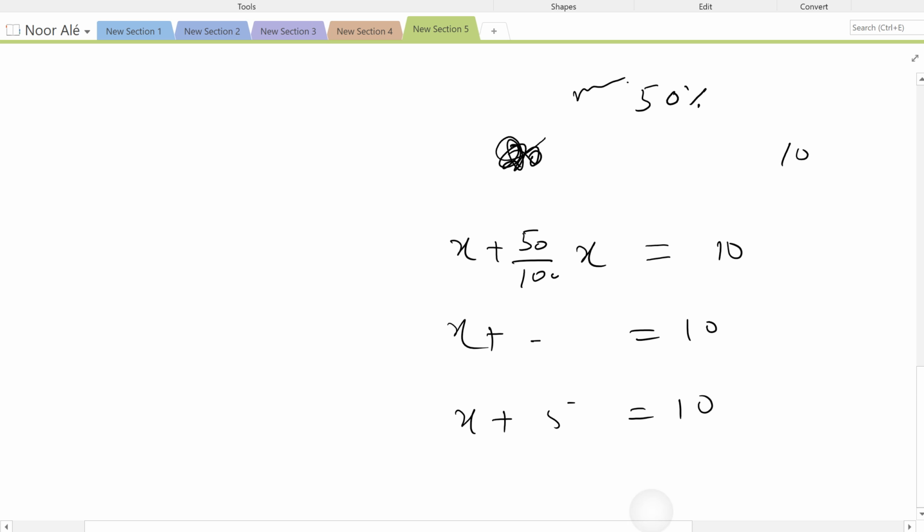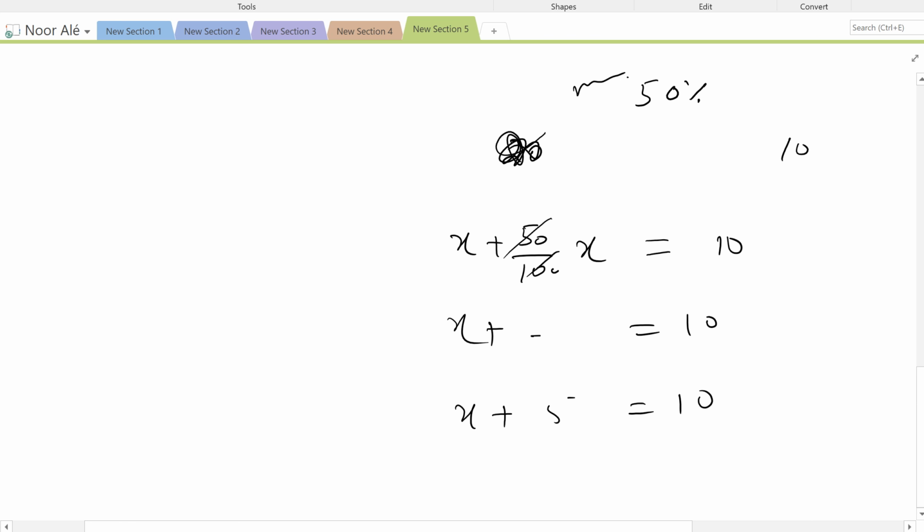So 50% of x, they cancel out, and we got x over 2. And when we add them, 3x divided by 2 equals that. So x equals 10. So we got 20 divided by 3.